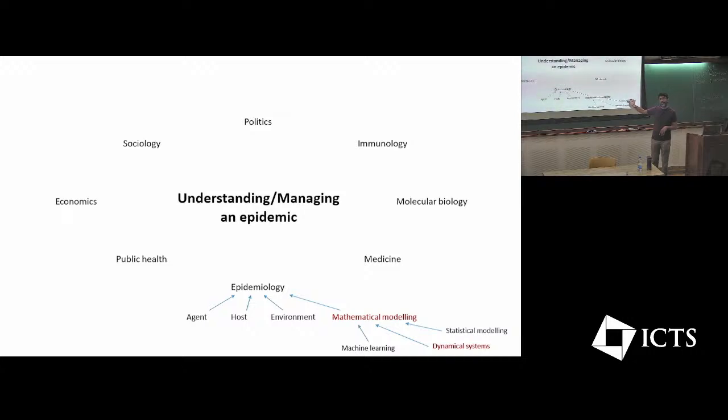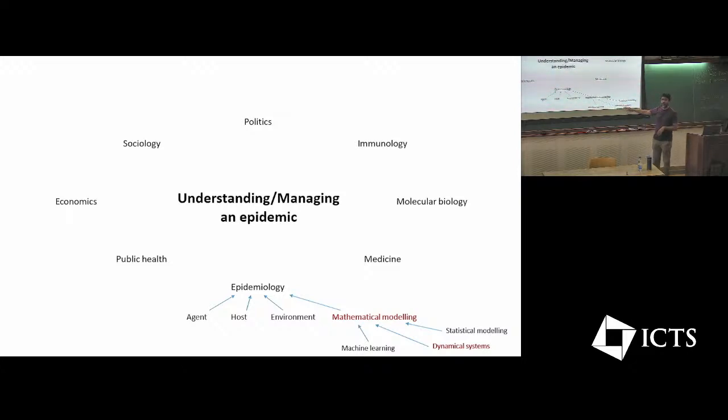But even within mathematical modeling, we will be talking about only one particular kind. Maybe if I have time, we can talk a little bit about other kinds of mathematical models. But really, I will be talking about one narrow area in a huge range of topics that one needs to engage with to really understand the spread of infectious disease or any public health crisis for that matter.